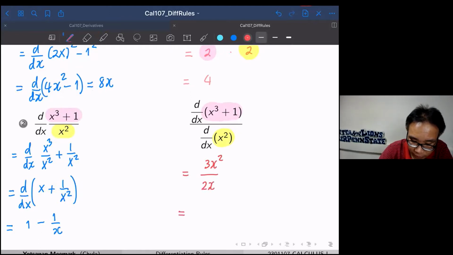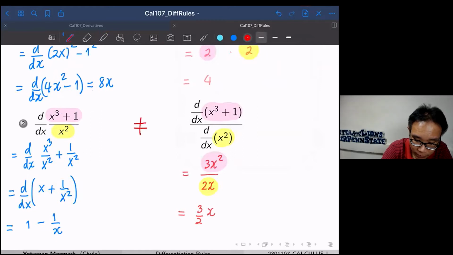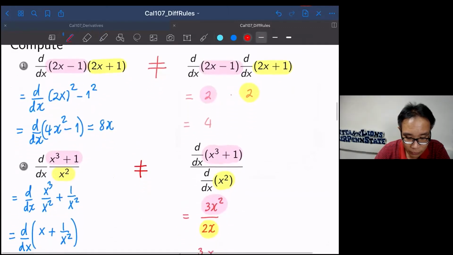So basically, you would get 3/2 x. This one comes from the pink function and this one from the yellow function. These two are again different. So the derivative of the quotient of the functions is not equal to the quotient of the derivatives. This is what you have.